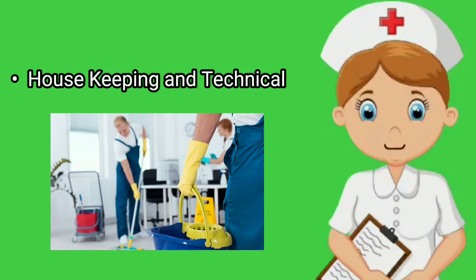Next, housekeeping and technical. Of course, the cleanliness and smooth performance of the hospital is very important to pay attention to. Therefore, the housekeeping and technical units cannot be excluded from the running of the hospital service processes.